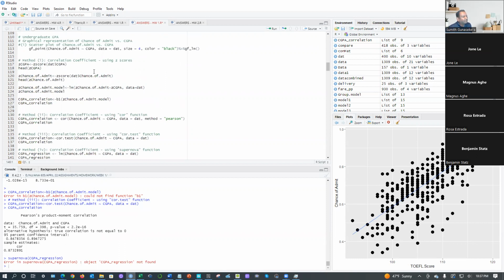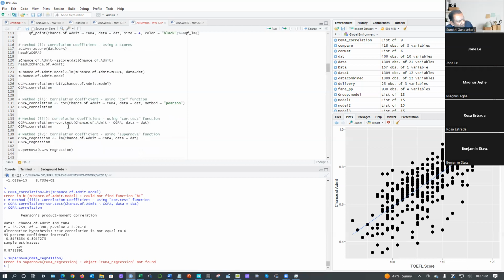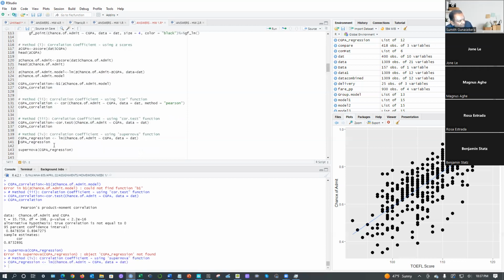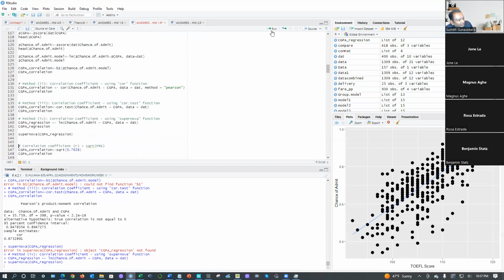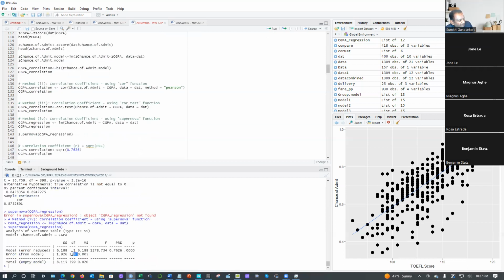Yes, the GPA equation. This is nothing but the sum of squares error.